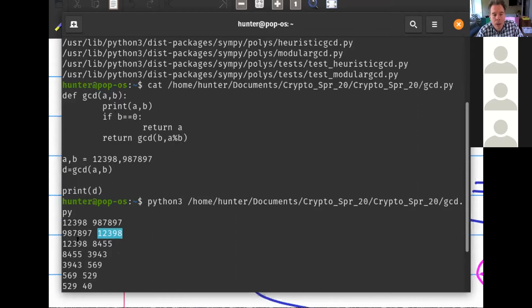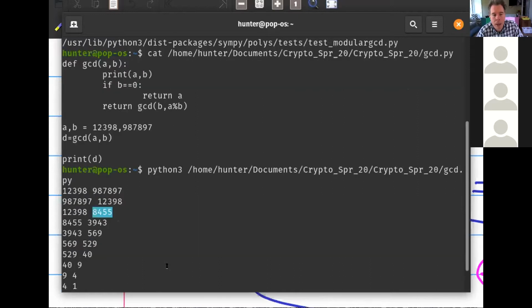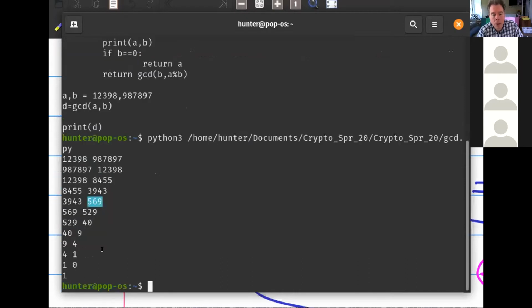Now this one comes over here, and you reduce this one modulo the other one to get 8455. Then this one comes over here, and you reduce that one modulo the other one to get that number, and so on and so forth.